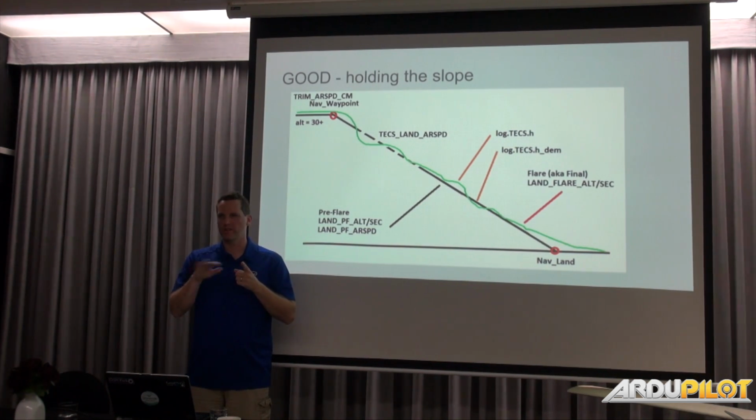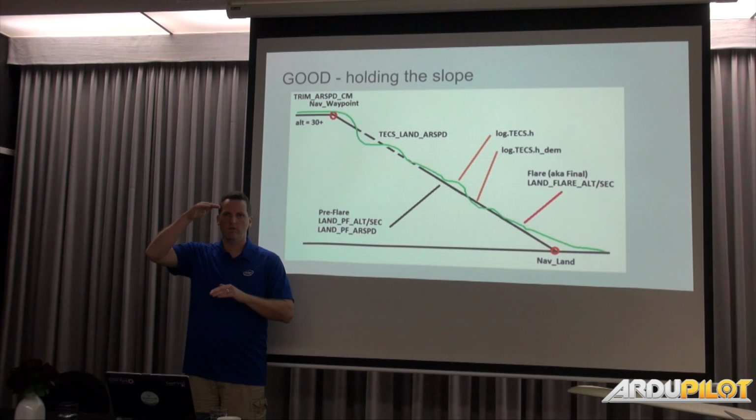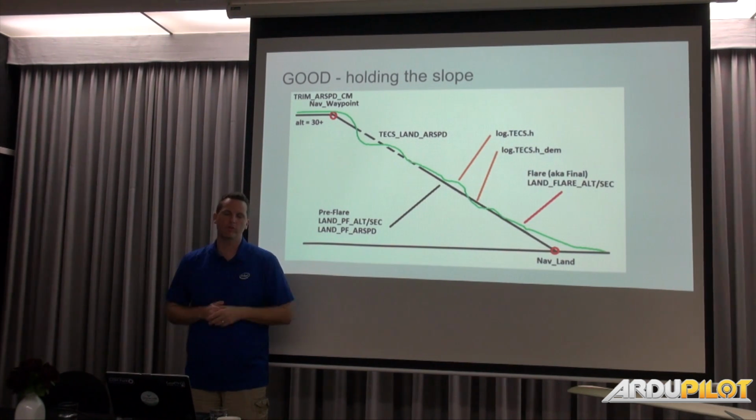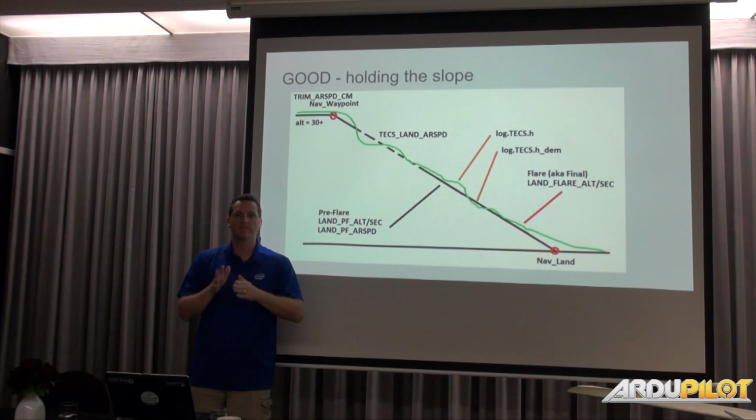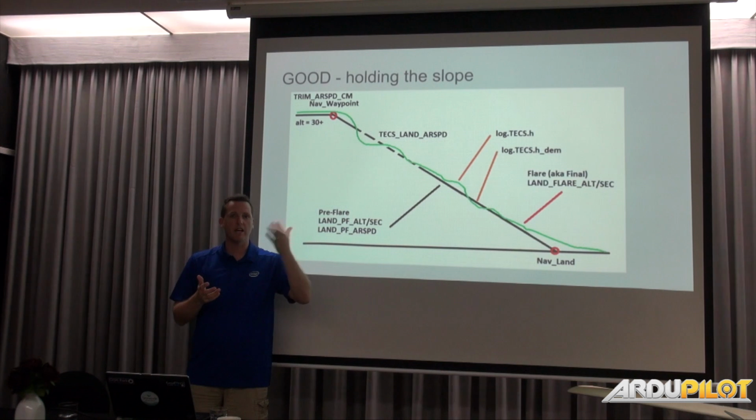If you set one to 0, then it gets ignored and it only uses the other one. Typically, if you want to mix both just for safety, set one higher, up to you for your tuning. For the pre-flare I use something like 10, 12 meters, and at that point the controller starts using the land PF airspeed.